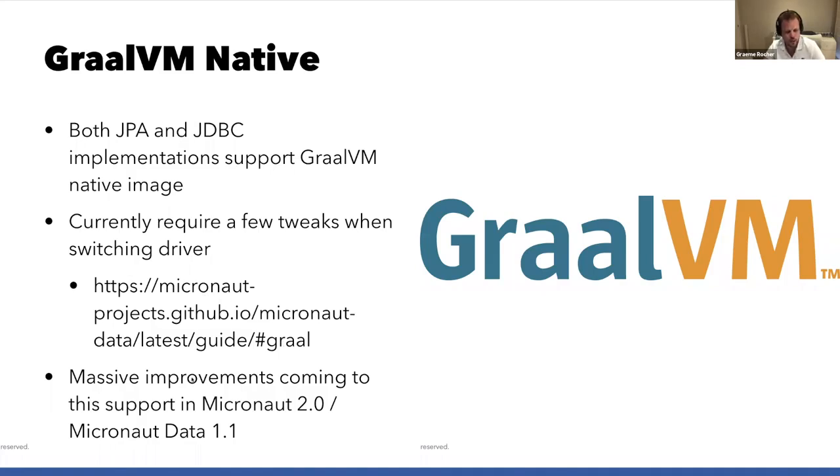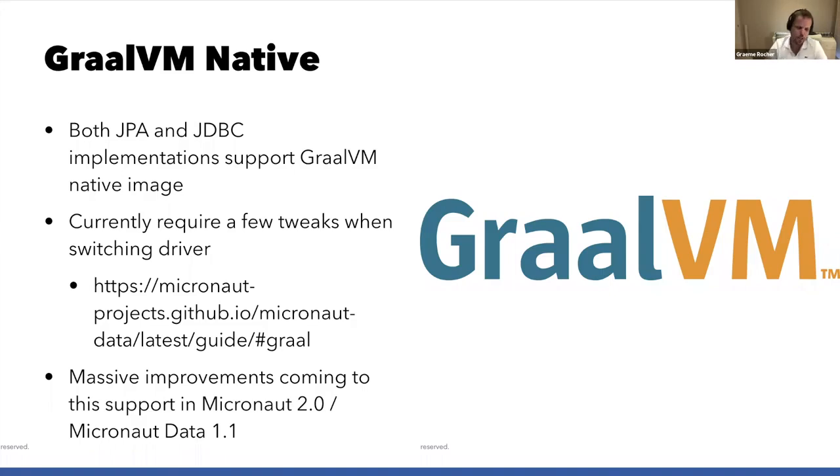But we are happy to say that massive improvements are coming in Micronaut 2 and Micronaut Data 1.1, where those requirements will essentially go away. You won't have to even configure your driver or your dialects or anything like that. It'll just happen automatically, which is going to be a nice improvement in Micronaut 2. So I recommend you check that out. But either way, whether you choose JPA or JDBC, we support native image.